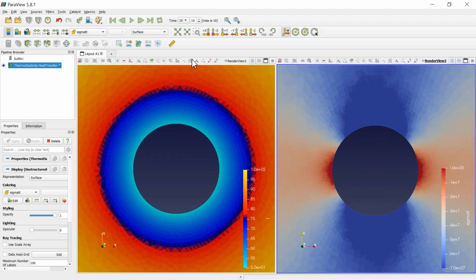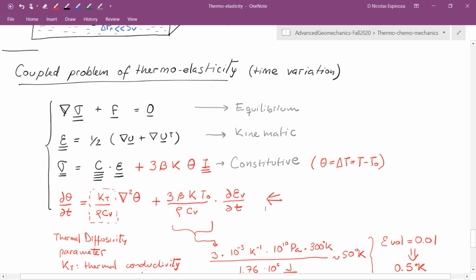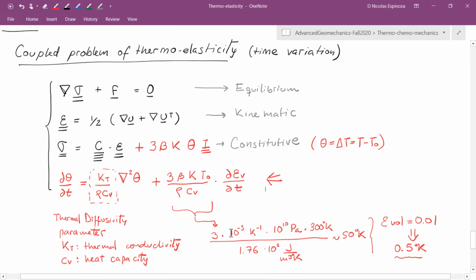So in order to do this kind of simulation, what you would have to do is to add to the mechanical part now the part of the diffusivity of temperature. All right, this is a coupled problem of thermo-elasticity.